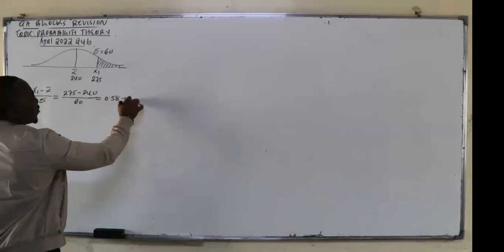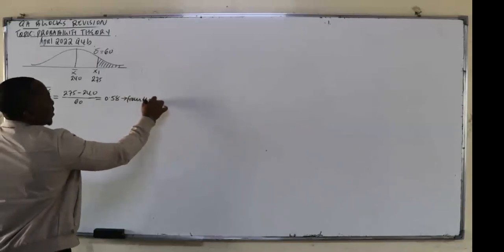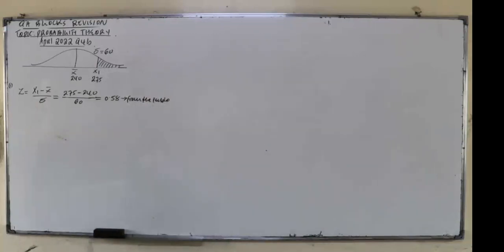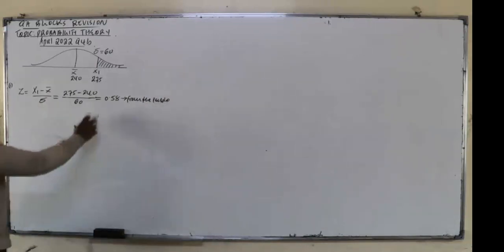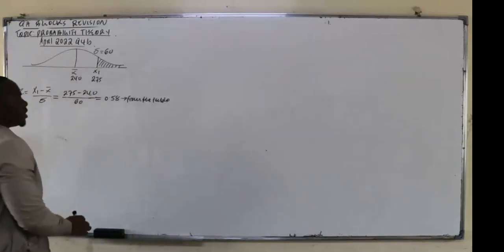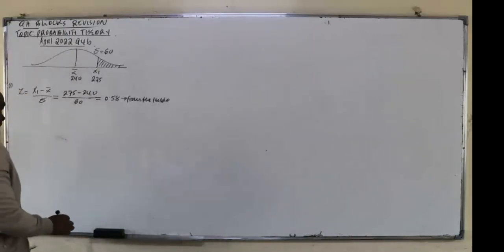Now you read it from the table. Let's go to the Z distribution table. You look where you have 0.5, then 8.